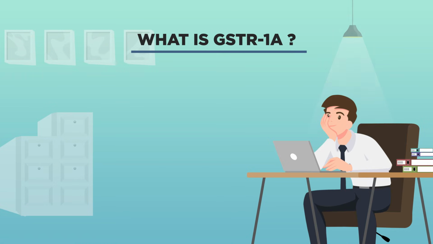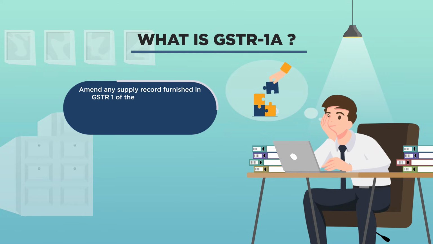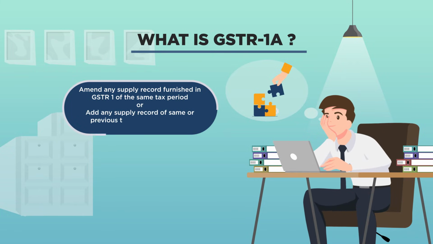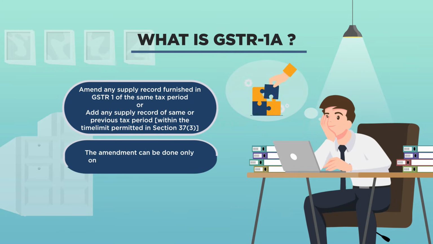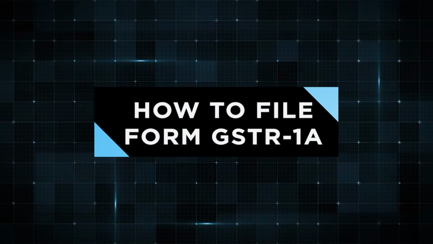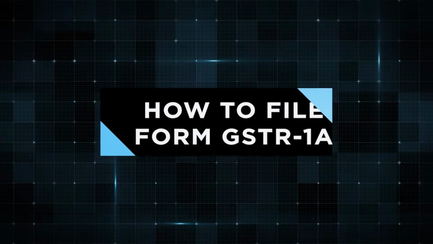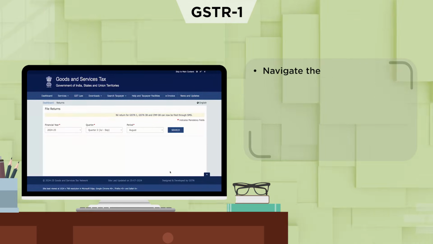A taxpayer who needs to amend any supply record furnished in GSTR-1 for the same tax period or add any supply record of same or previous tax period within the permitted timeline, the amendment can be done only once for a specified time period. Log into the GST portal using your credentials.